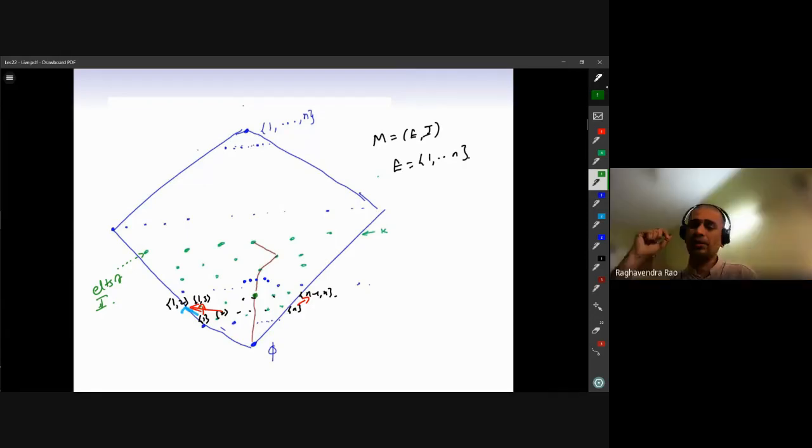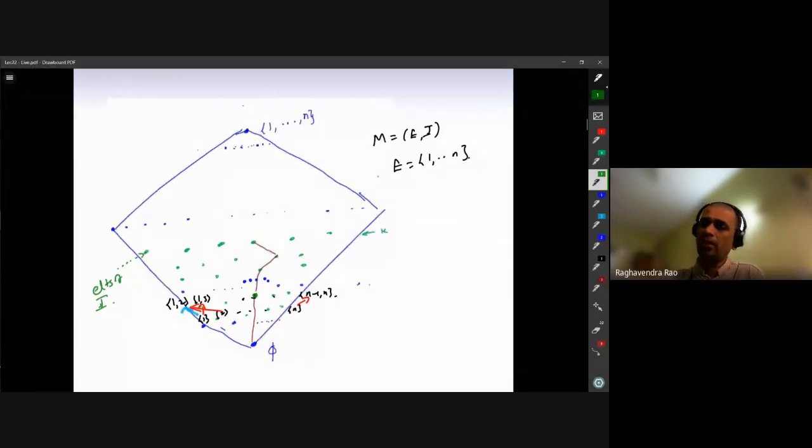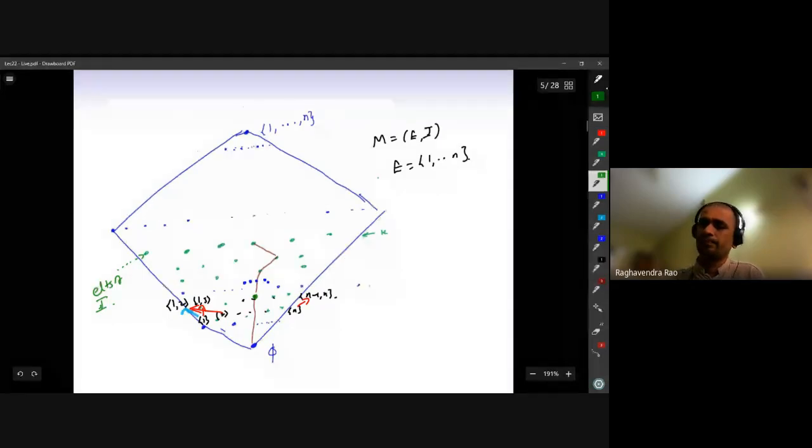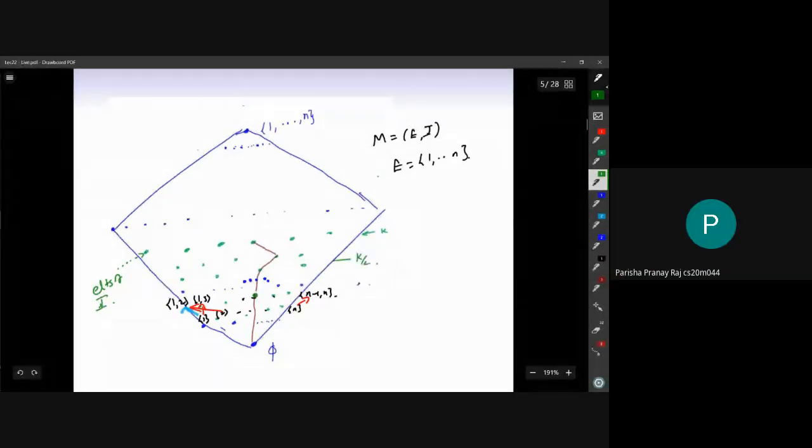That is true, but why is it that we will never get stuck? We'll always have a choice to go up. So when will we get stuck? We'll be stuck at a point where all upward neighbors are blue. So why can't we get stuck at layer, say, K by 2 or some other layer? If we get stuck at K by 2, then the element at K by 2 has no neighbor in the upper level with green color.